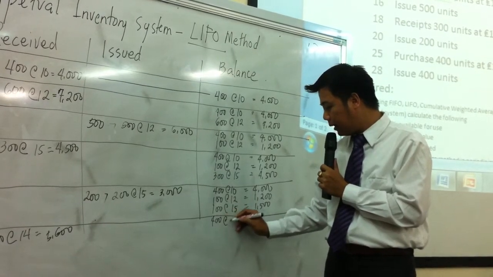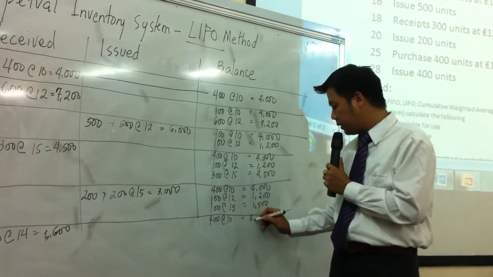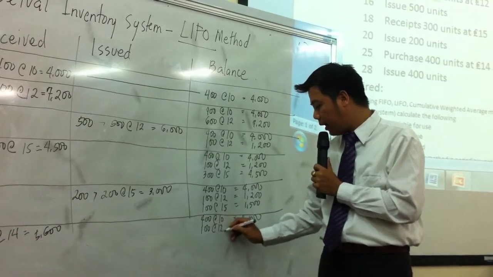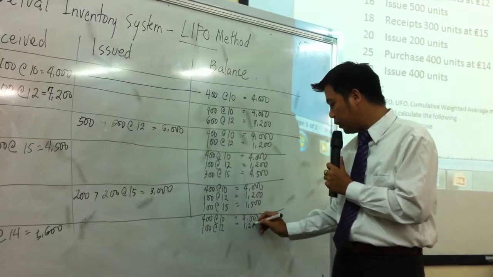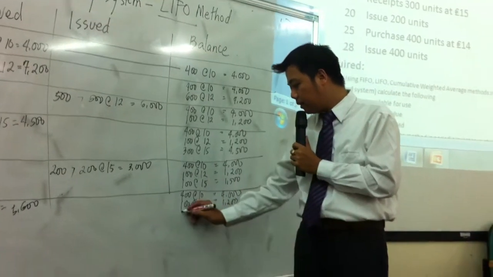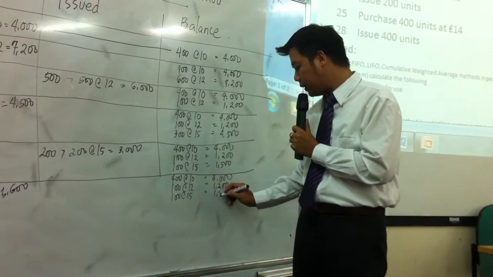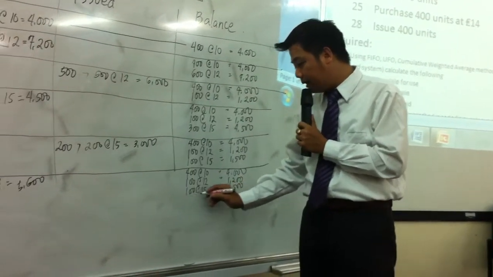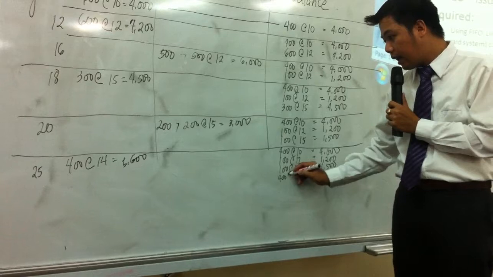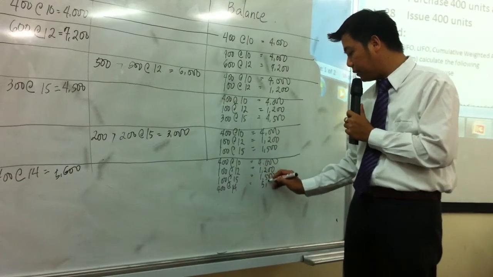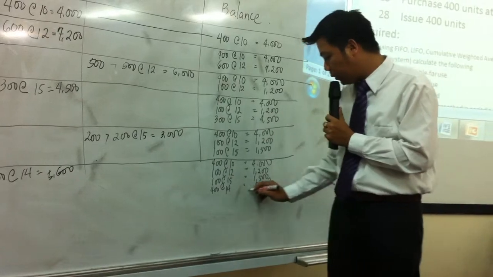So we just copy 400 at 10, 4,000, 100 at 12 equals to 1,200. 100 at 15, 1,500, and 400 at 14, and that is 5,600, and close.